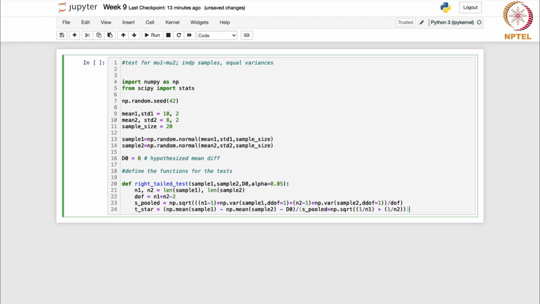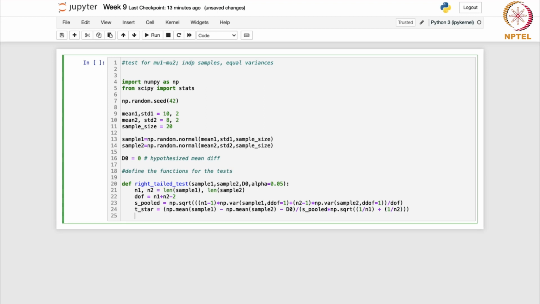Okay, so we have just written the formula, nothing else. So it is x1 bar minus x2 bar minus d naught in the numerator, and in the denominator you have the pooled standard deviation multiplied by the square root of 1 over n1 plus 1 over n2. Okay, so let us check the number of brackets if it is correct. Yeah.